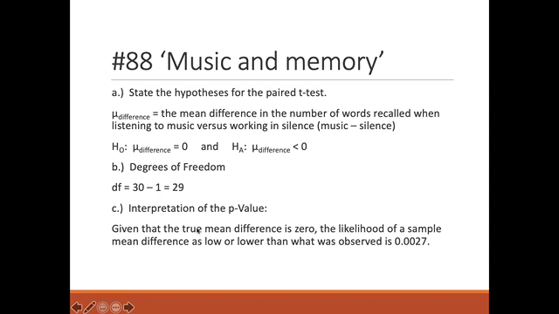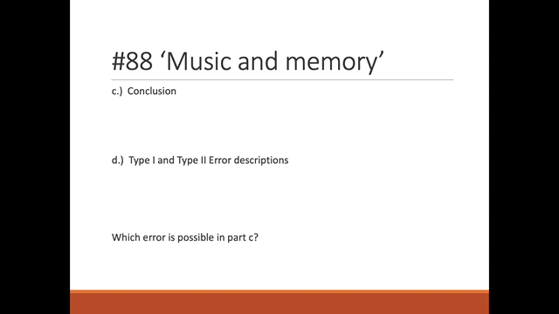So assuming that the real mean difference is 0, the likelihood of a sample mean difference as low or lower, so as small or smaller than what we have observed, is only 0.0027. So this is a very small p-value.